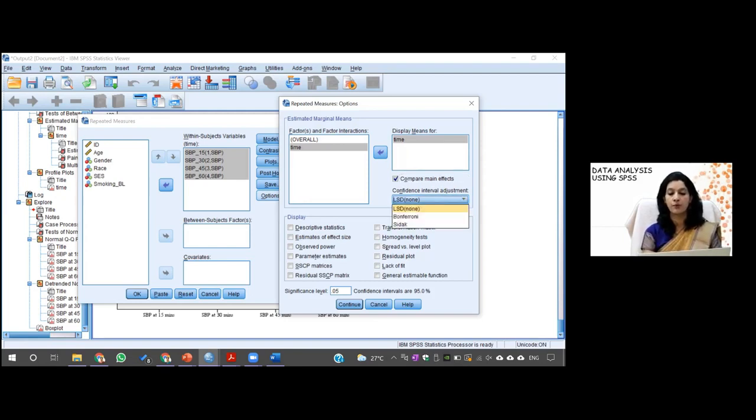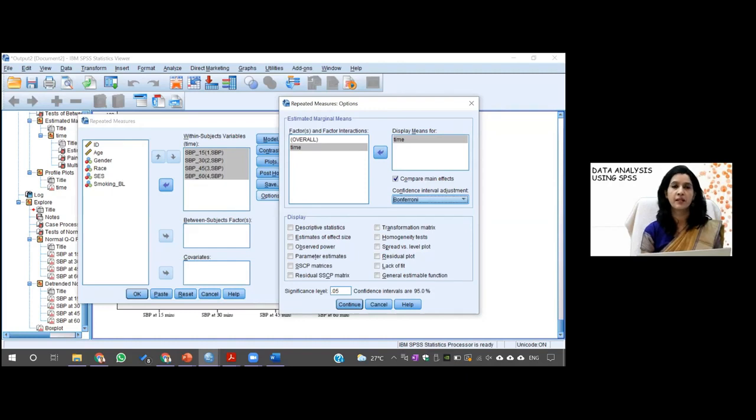For the post hoc across these various measurements at different time points, we apply Bonferroni. Most of you must have heard about the Bonferroni correction before, because I think 5-10 years back, mostly we used to have only this Bonferroni correction.